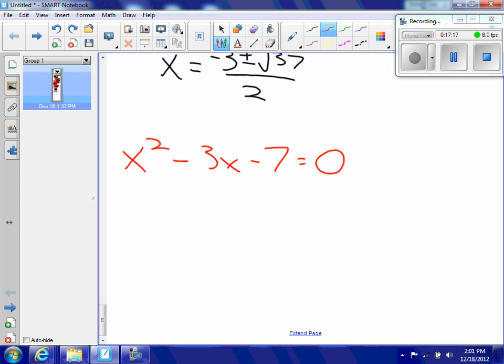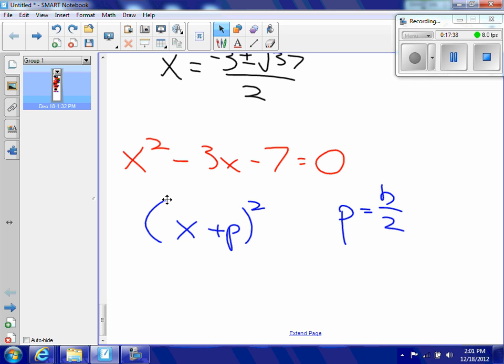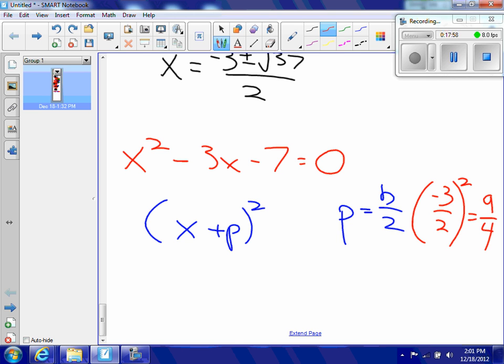So remember, I want to get this into a form of x plus p squared, and my p is going to be equal to b over 2. My b over 2, in this case, is negative 3 over 2, because my b is now a negative. But when I square that to get my new c, it's still going to be plus 9/4.